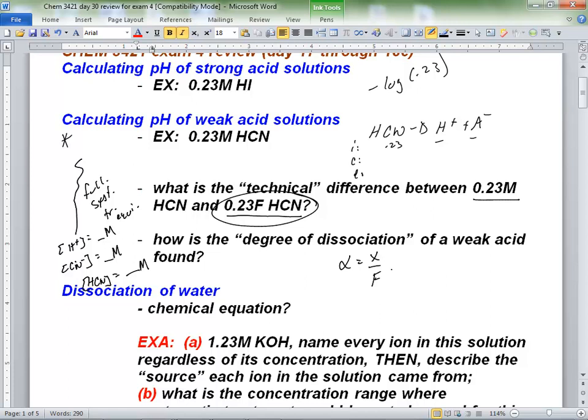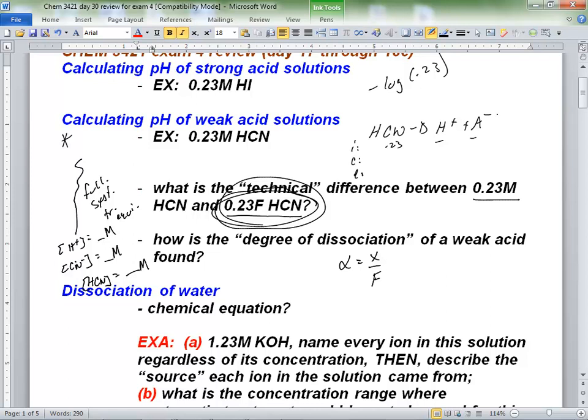Right? Okay. And then you see where all this stuff is coming from? X comes from the ice table, right? So you write your Ka reaction. They say, oh, the formality of HCN is 0.23. What is its degree of dissociation?